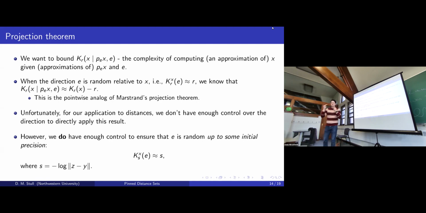But at least for the first S bits, it is random, where S is equal to the distance between Z and Y. So we want to use this property to get a good enough upper bound on the complexity of computing X.